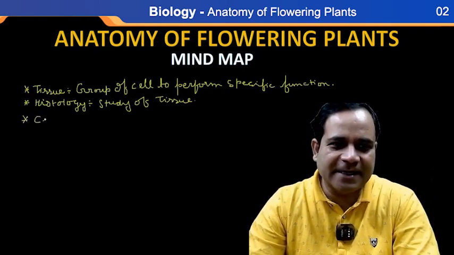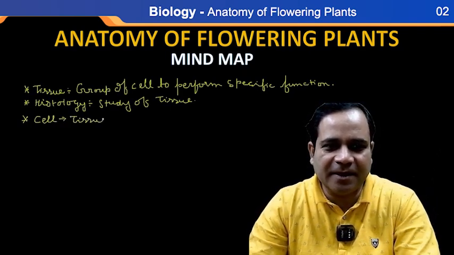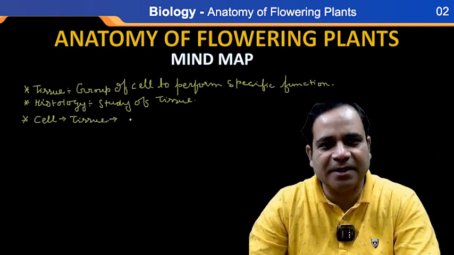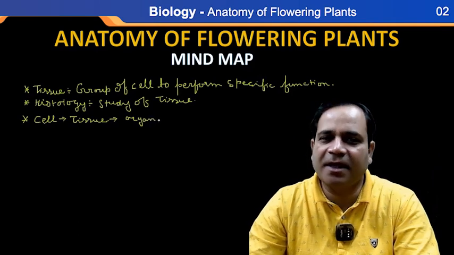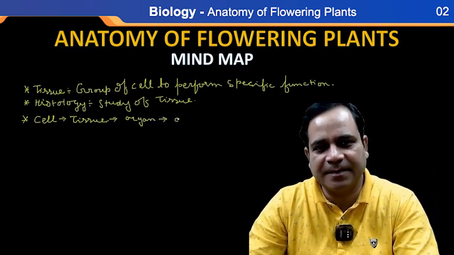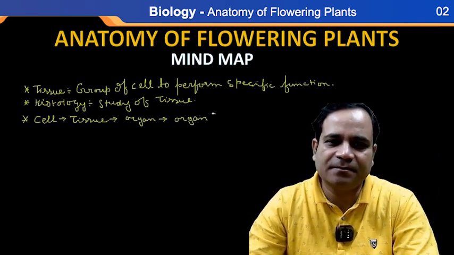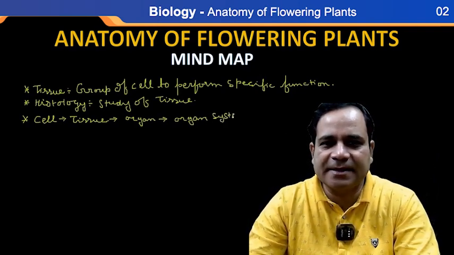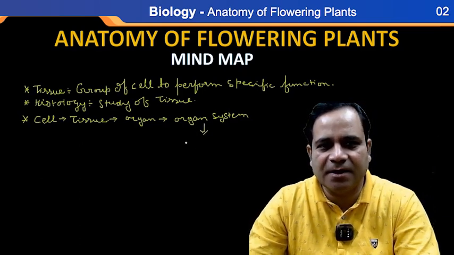Here, the cell, the basic functional and structural unit of life. When the cells unite together, then it forms what, my dear? Tissue. When the tissue unites together, then it forms what? Organ. And when this organ unites together, then it forms what, my dear? Organ system. Organ system, my dear. And when this organ system unites together, then it forms what?